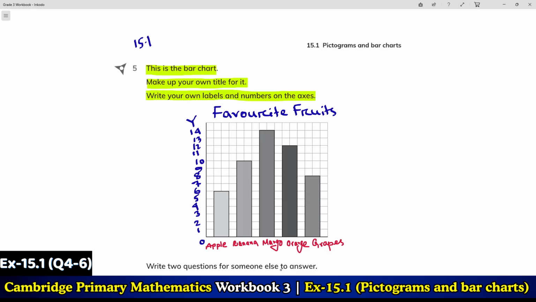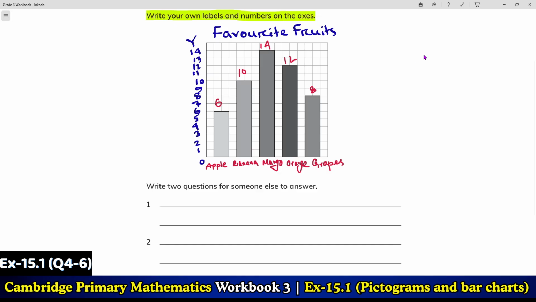Okay, so very interesting. So apple like 6, banana like 10, mango it's the most, like 14, and orange it's a 12, and grapes it's a 7. Okay, it's not 7, actually this one is an 8. Now we are making our question. Write 2 questions for someone else to answer.